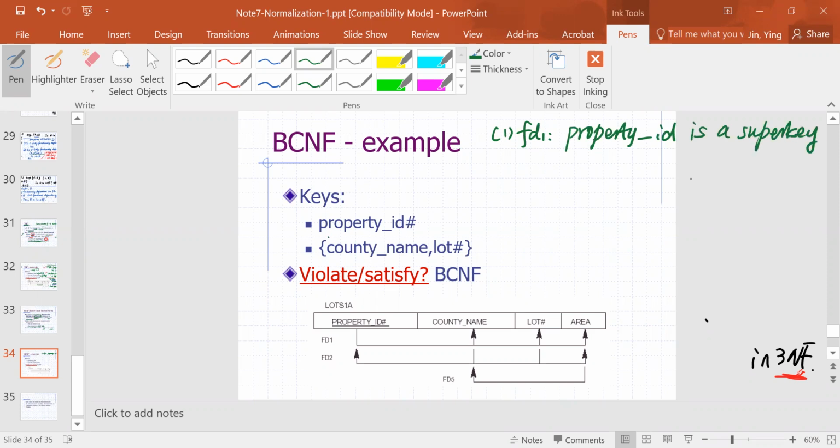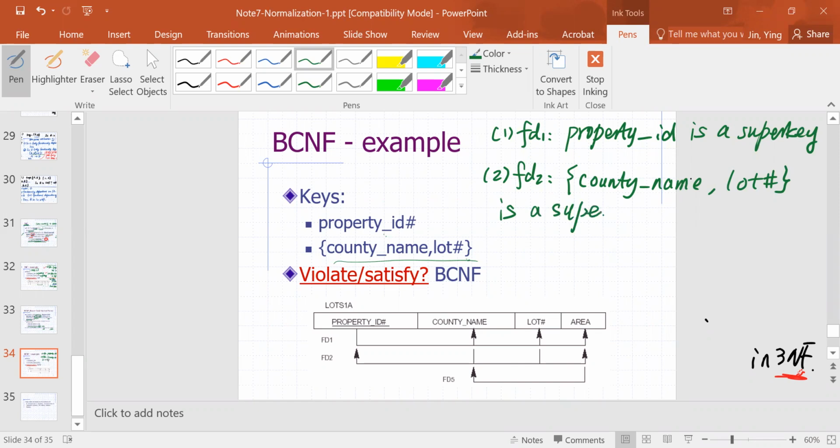The reason is, as I talked about already, this is given. Okay, the second one is FD2. So county name, lots number together, and that's actually this, right? So that's why this is the left-hand set. So this is a super key.